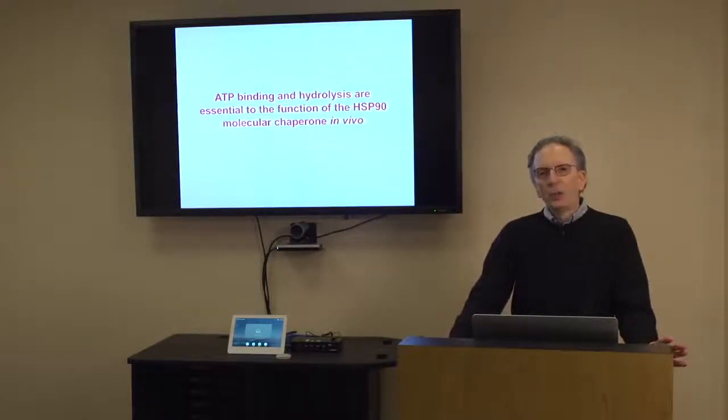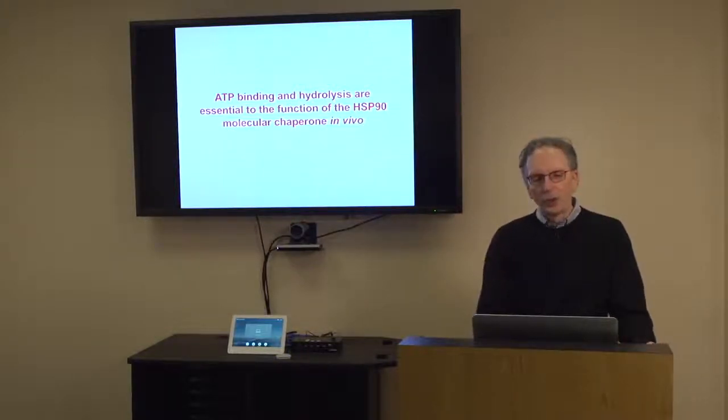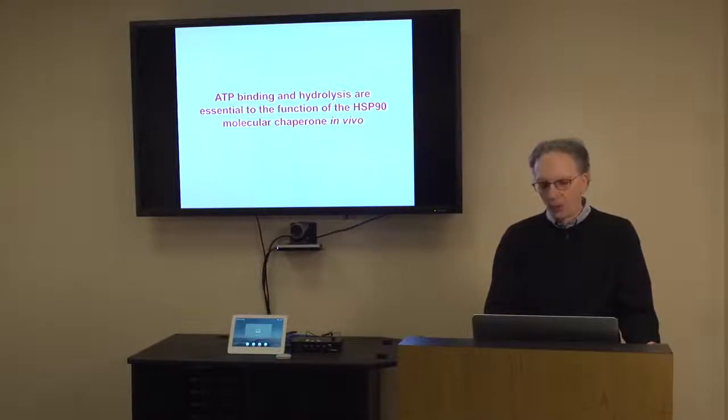So how does HSP90 function? Understanding this is critical to understanding how pharmacologic HSP90 inhibitors work. ATP binding and ATP hydrolysis are essential for the function of HSP90 in vitro and in vivo.